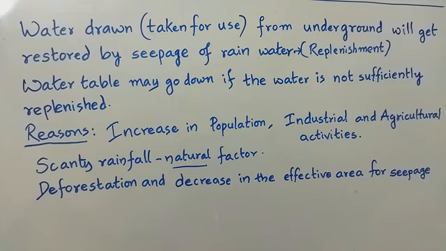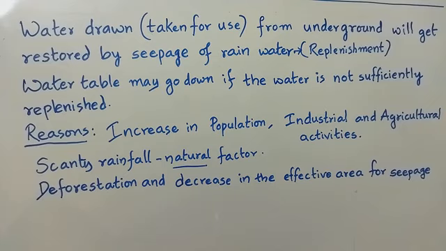If we take the underground water for our use more than the rate of replenishment, the water table may go down. That is the general thing, provided all other natural factors are maintained normally.